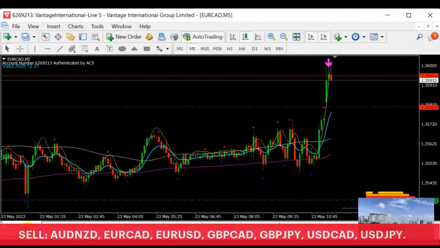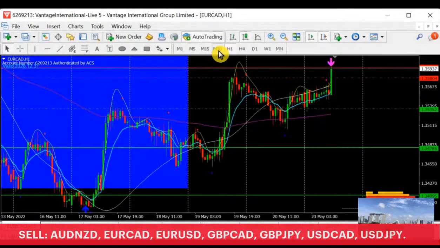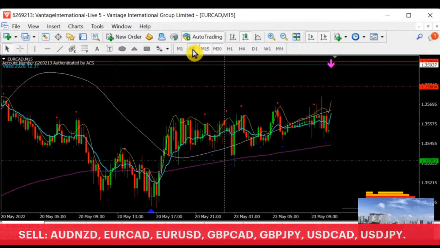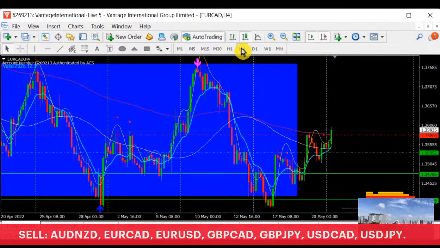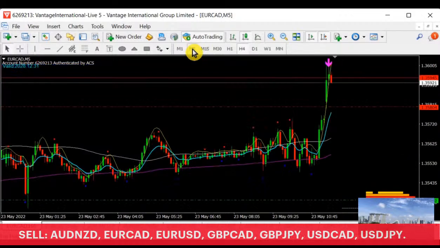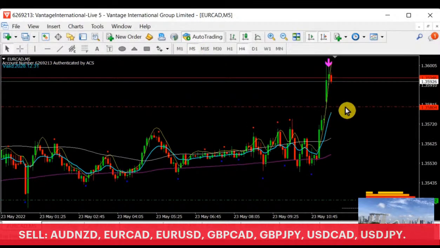Yes, Euro CAD. Let's take a look. Yeah, Euro CAD right now is not very ideal. It has actually zoomed up. Is it testing on the resistance? Now it's testing on the resistance already. So let's say in M5, this is the previous resistance.